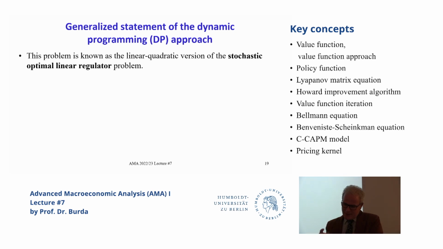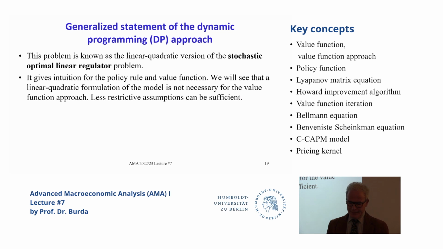They can always be expressed, if the functions involved are continuous, by taking linear approximations and quadratic approximations, and then we can write this in terms of the so-called linear regulator problem. But the most important thing to remember from this discussion is the intuition. You start with a policy rule.